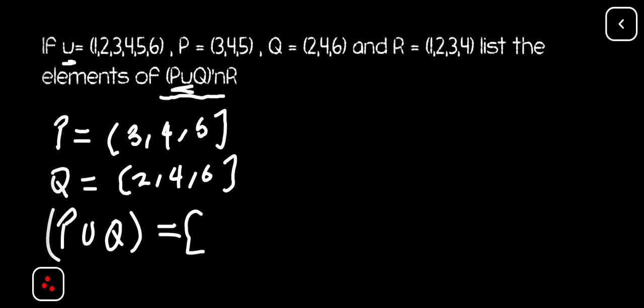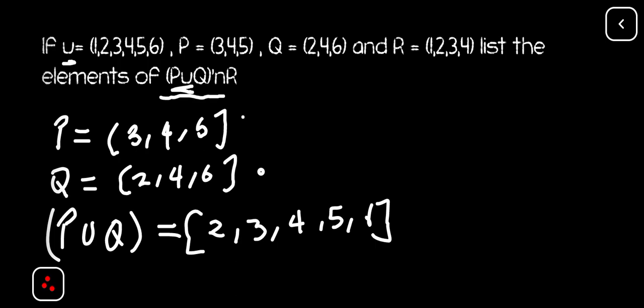So the combination of the set P and Q is going to be, let's start with 2. Yeah, 2, 3, 4, 5, and 6. So I just arranged it orderly. You would have started with 3, 4, 5, then 2, 6. For arranging it orderly, you get 2, 3, 4, 5, 6. Right? So it works like that.